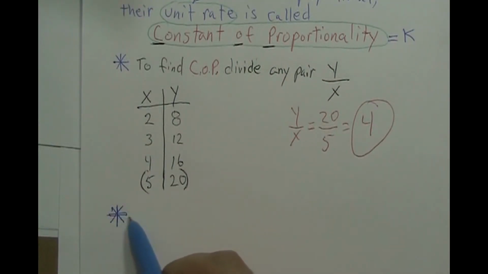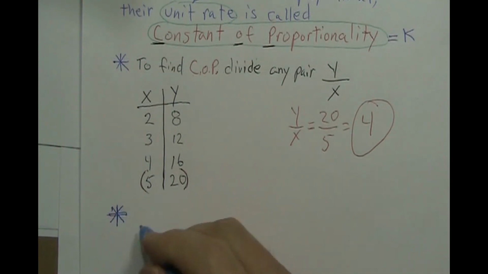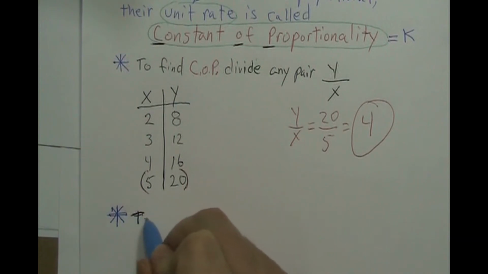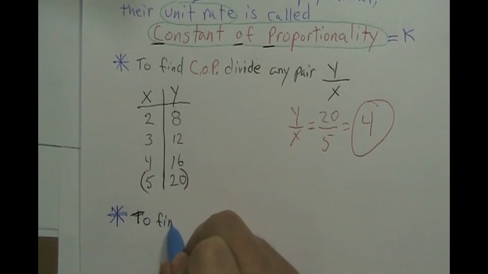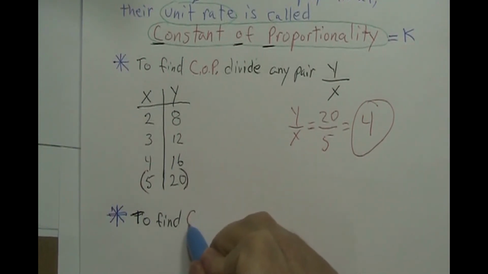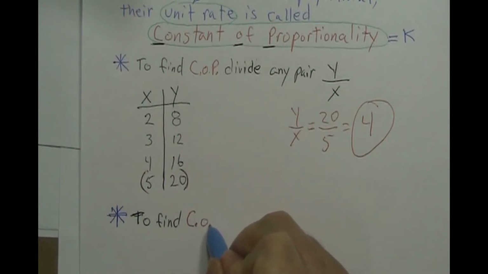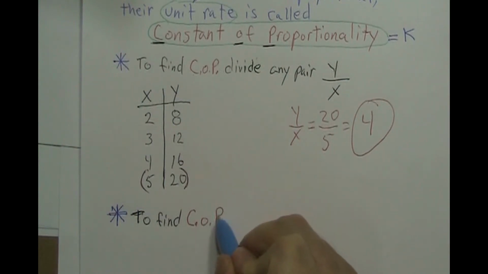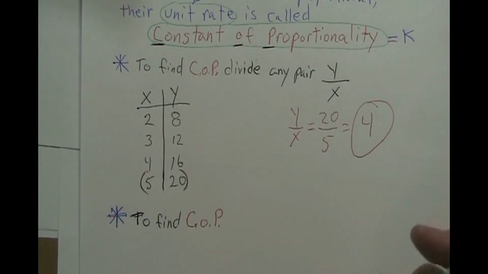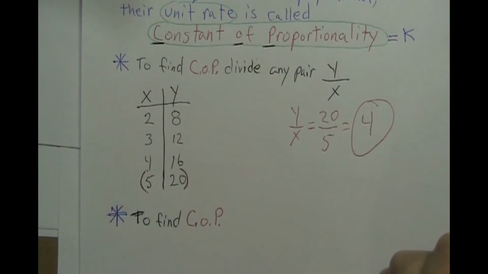Here's our second way to find COP, constant of proportionality. I just put another asterisk there. I'm going to say the same thing above: to find COP, I will divide.